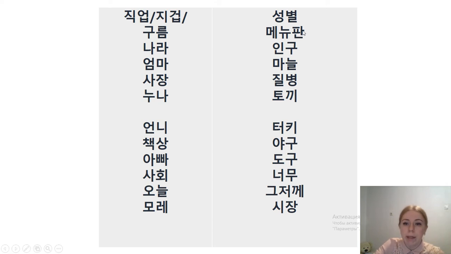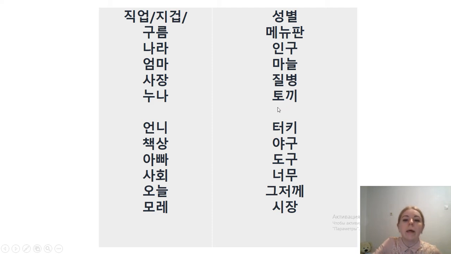The third one is 인구. 인구 is about population. 마늘. The next one is 질병, 병, p, yeo sound. 병.